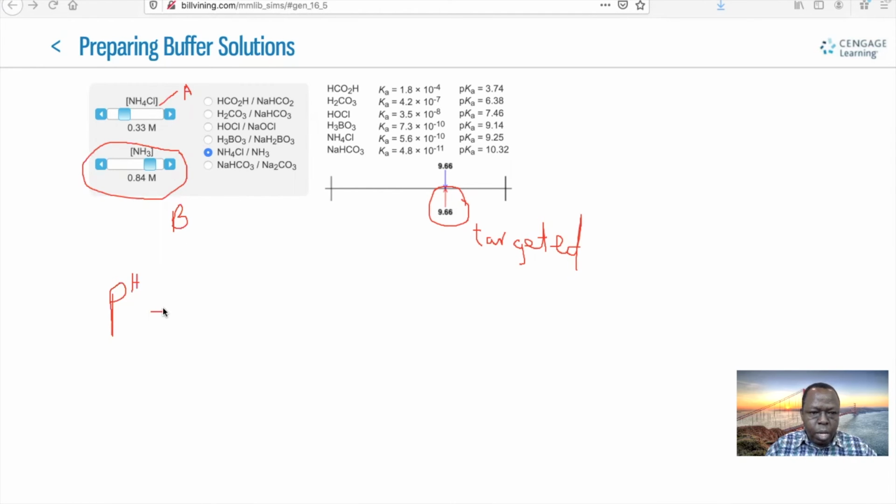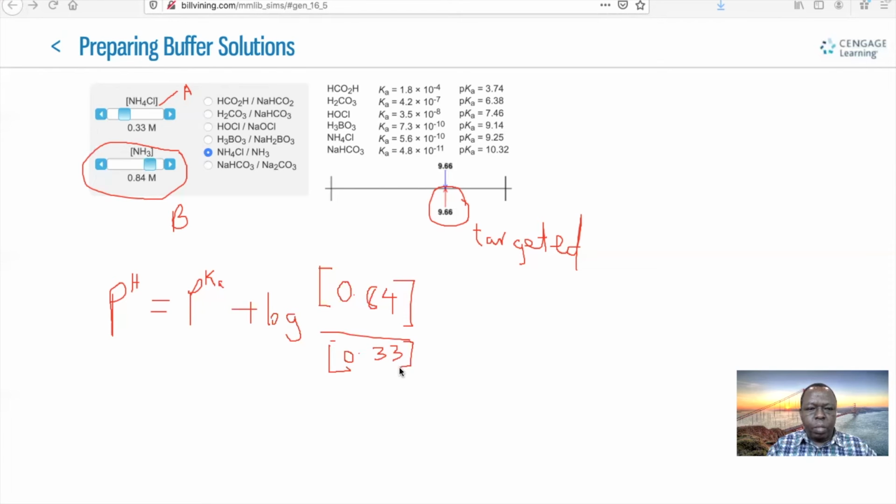So here is pH equals pKa plus log of the concentration of the base, 0.84, over 0.03.